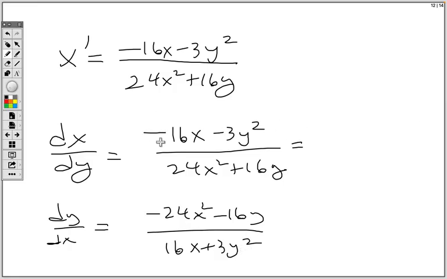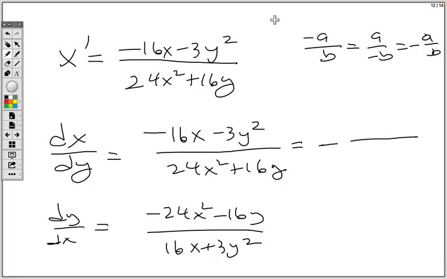I'm going to factor a negative 1 out of the numerator and put the negative out front of the fraction. Remember, negatives float when it comes to fractions because you're multiplying by negative 1. You can either multiply the numerator by negative 1 or the denominator by negative 1. That's the same as multiplying the fraction by negative 1, because negative 1 is negative 1 over 1 or 1 over negative 1. So that's a little flashback there.